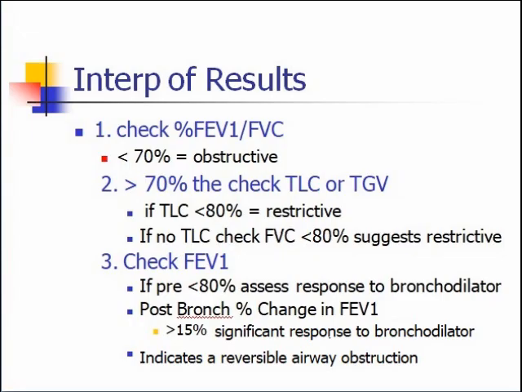Post-bronchodilator percent of change in FEV1 should be greater than 15%. If it is, it's called a significant response to bronchodilator. You can also say it indicates a reversible airway obstruction.